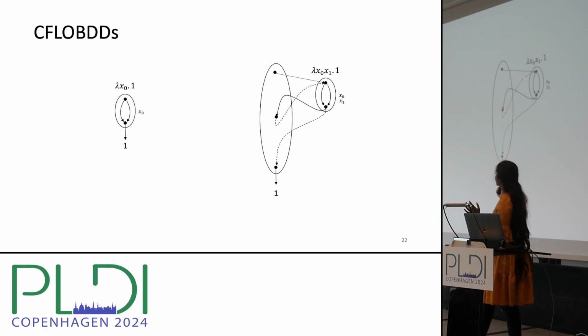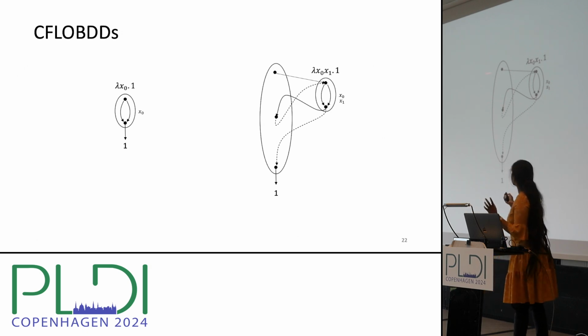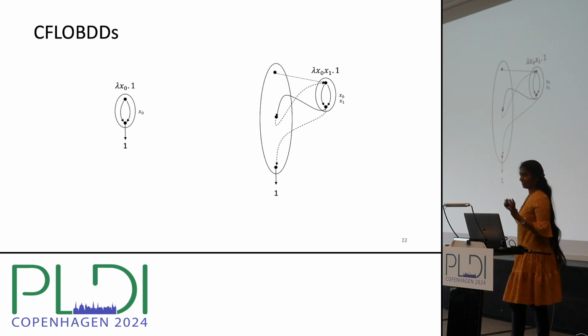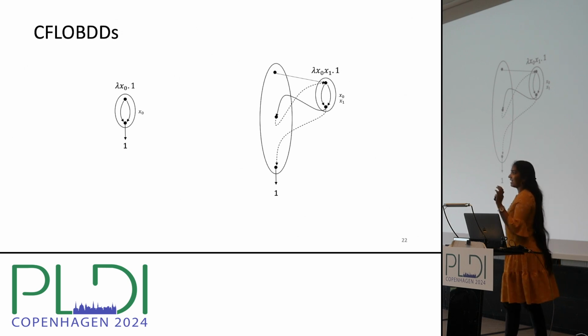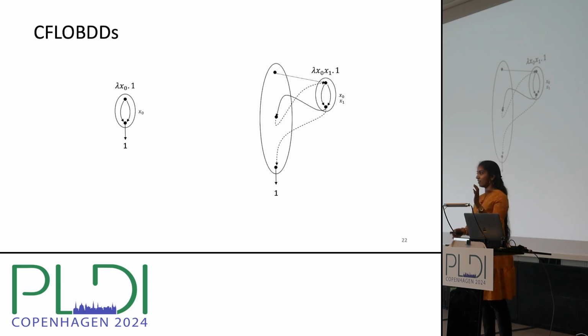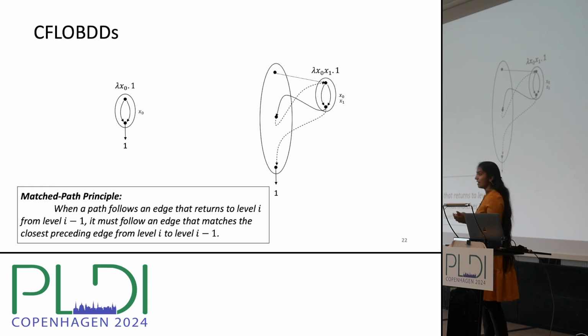That is, you're using the same representation for 2 variables, and you're still not running into any cycles, because of the following. Think of this particular node as representing a function, and you're calling the function from 2 different call sites. The path that you take depends on the call site that you have come from. So this is what we call the matched path principle.